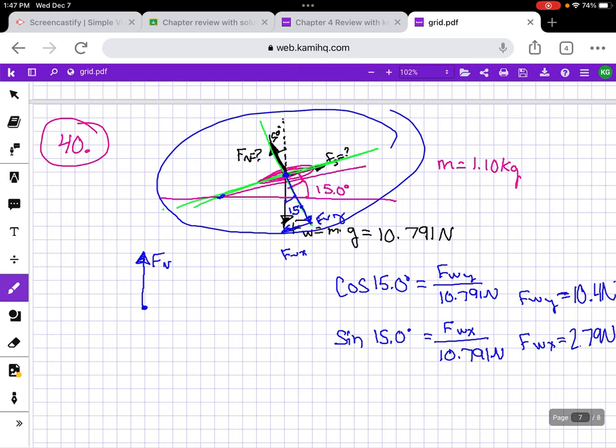I just want you to be able to see how this is making sense here. So I'll do my Y forces in blue, and then you'll have your force weight in the Y acting down, which is 10.4 newtons down.